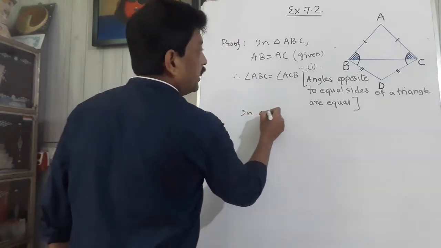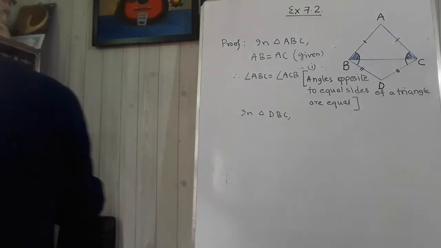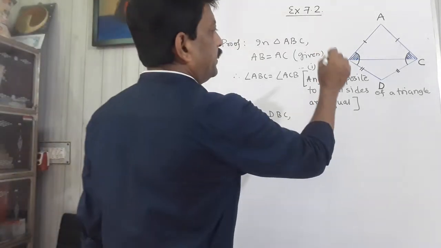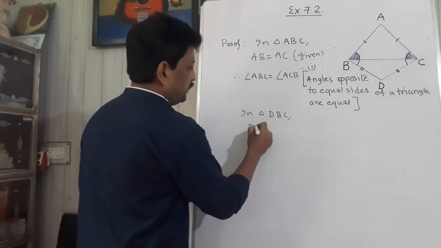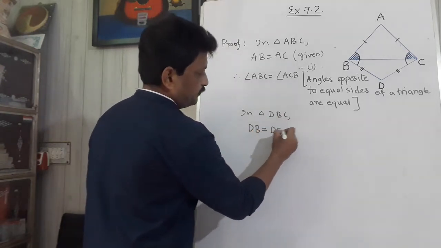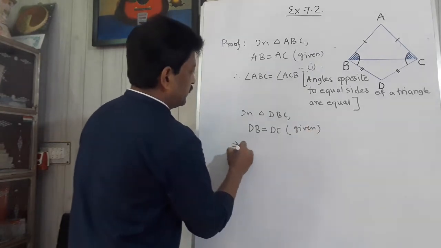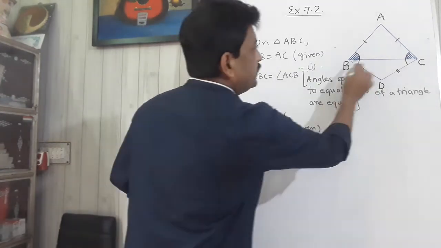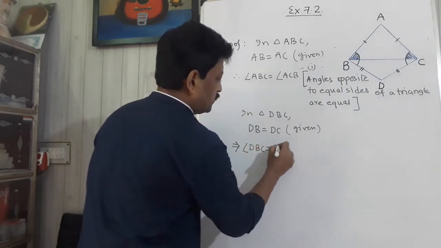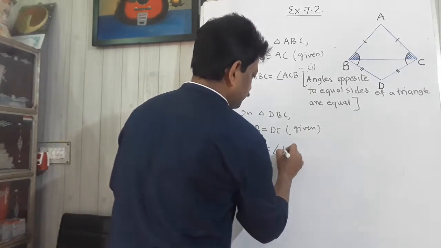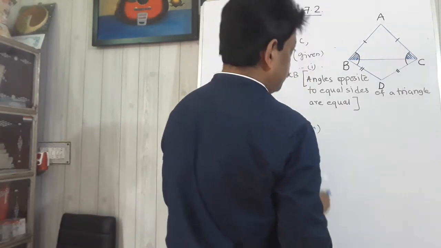In triangle DBC, same thing here also. It is given that DB equals DC, given. So we can write angle DBC is equal to angle DCB. These two angles.